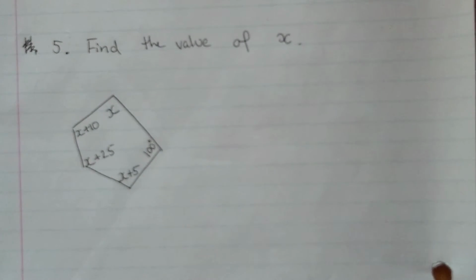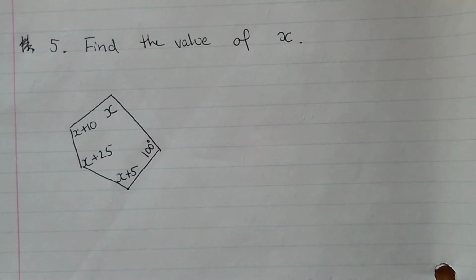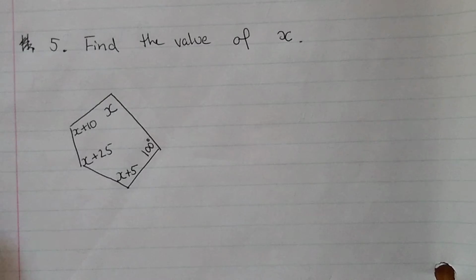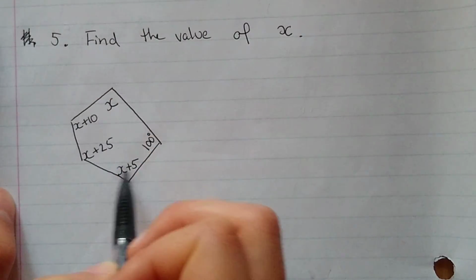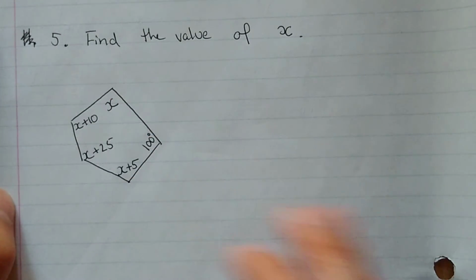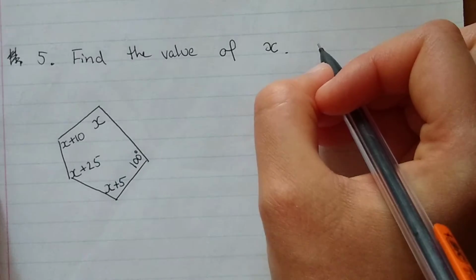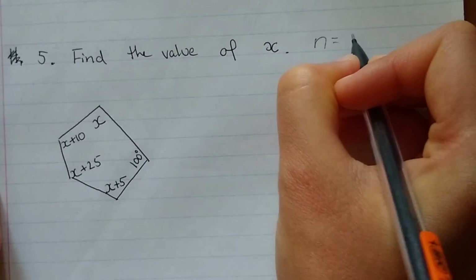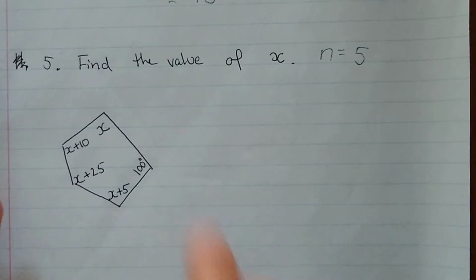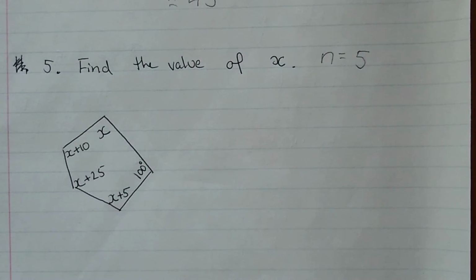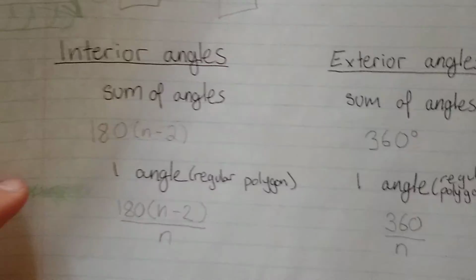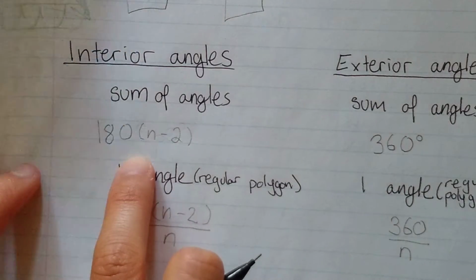Okay, finally, we have find the value of x. So this is an algebra problem. So we have to work out what all of the interior angles together add up to. And because there are 5 sides, n will equal 5. And our formula for the sum of all of the interior angles is 180 times n minus 2.